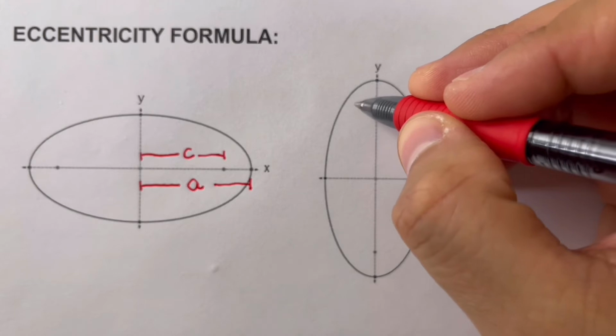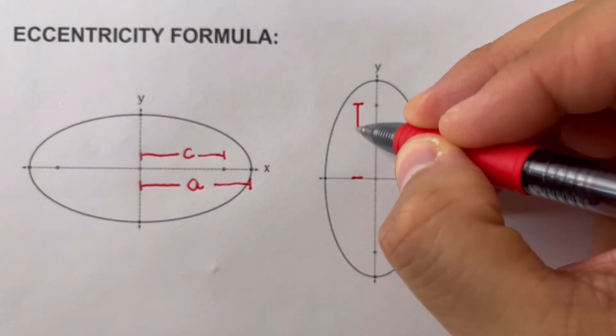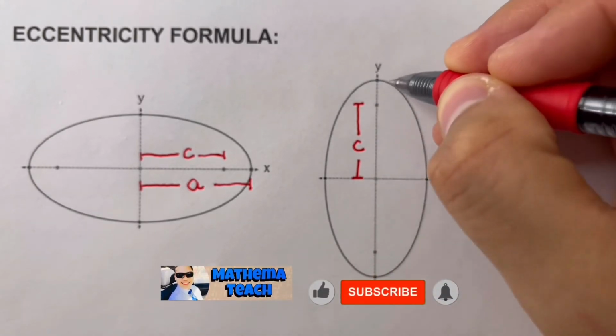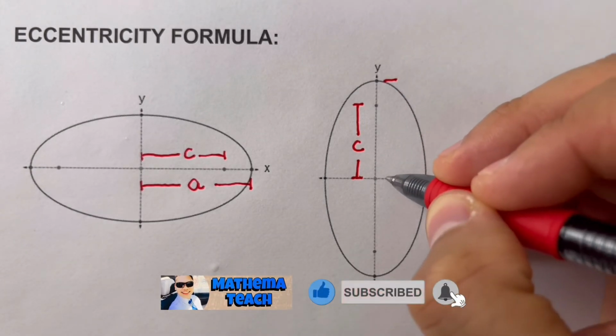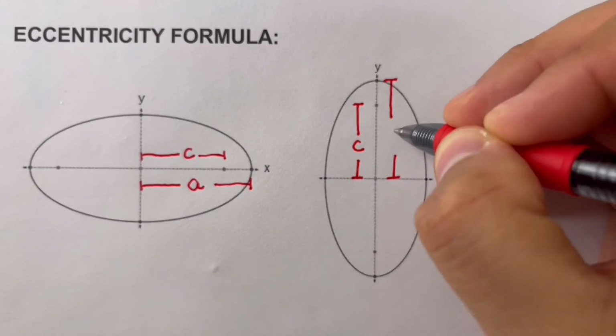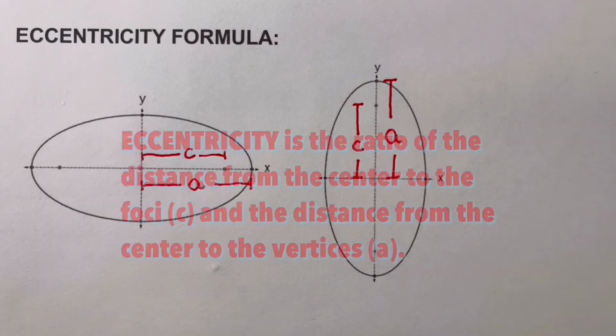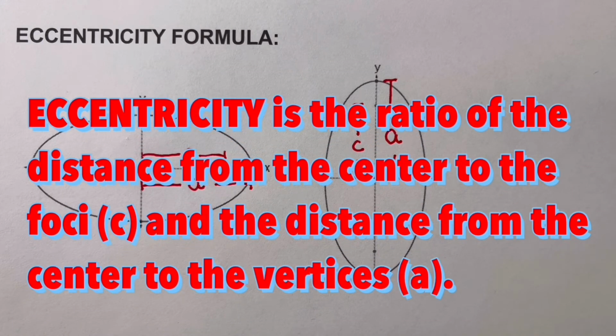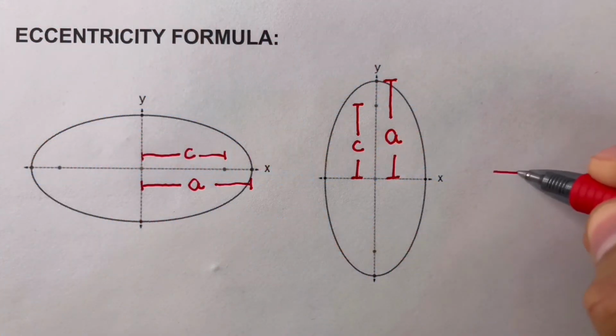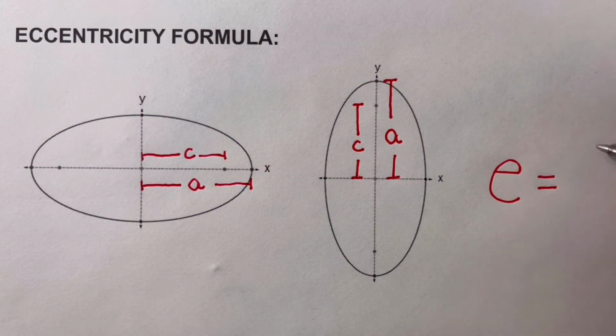The distance from the focus to the center is represented as letter C, and the distance from the vertex to the center is represented as letter A. Again, mathematically, eccentricity is the ratio of the distance from the center to the foci, represented as letter C, and the distance from the center to the vertices, represented as letter A. We can therefore write the equation of eccentricity as e is equal to c over a.